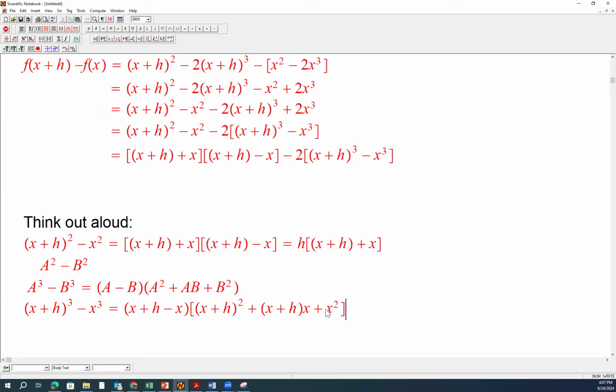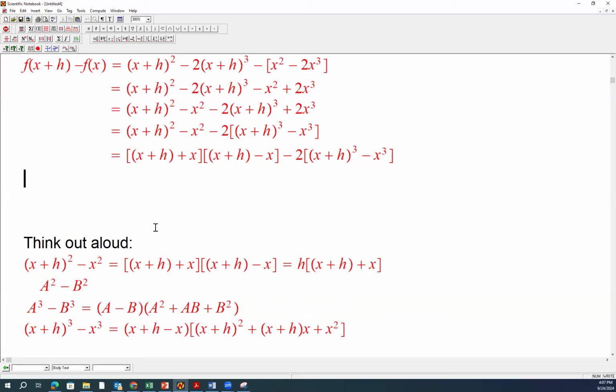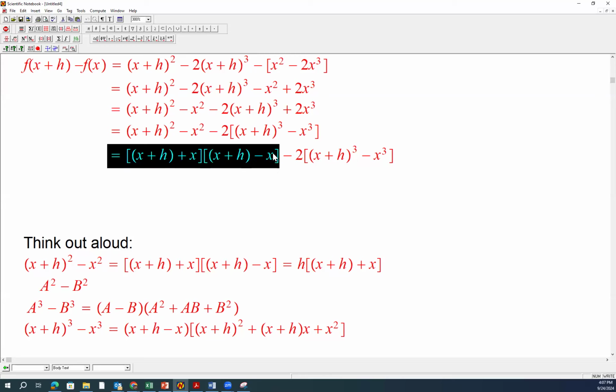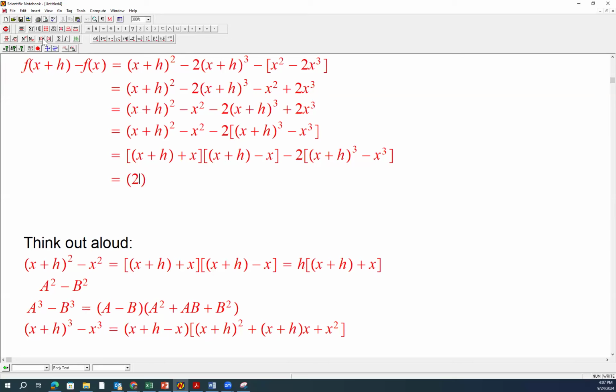That's my scratch paper, but I still need to put things in place. Okay? So by this time, I have already taken care of this bracket. So on the first bracket, I have 2x plus h, and the second bracket just gives me h.